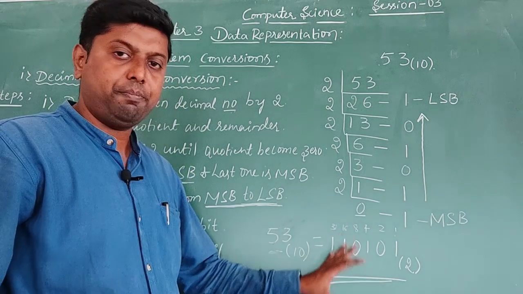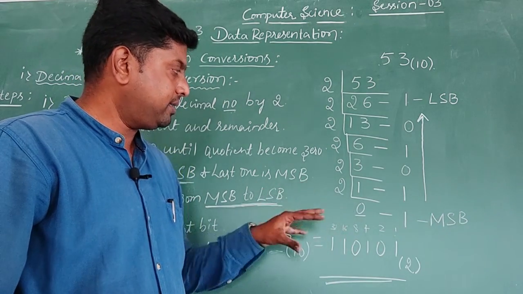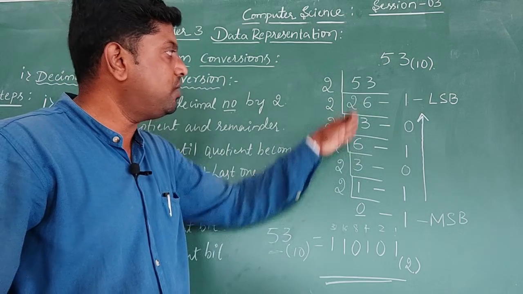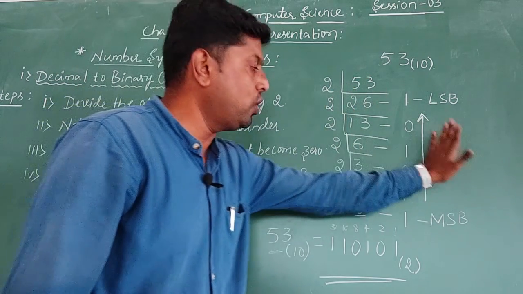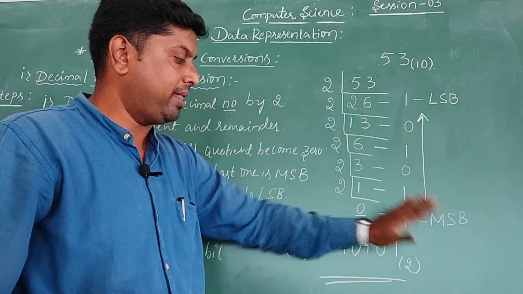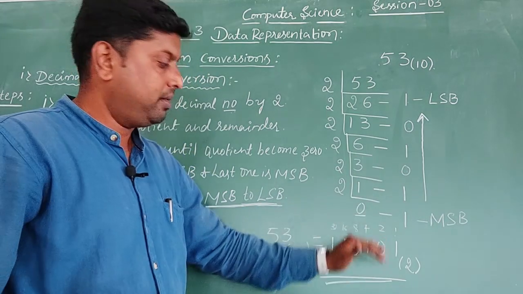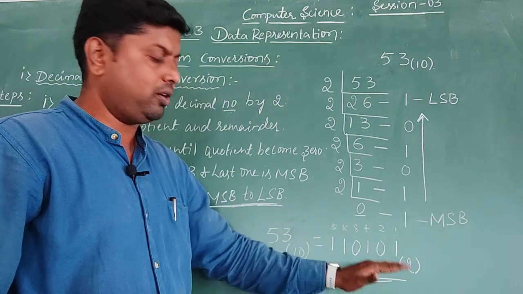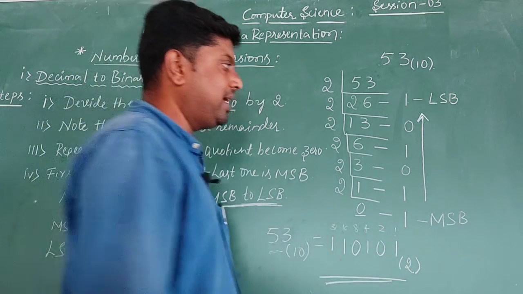So by this topic, what are you understanding? Yes, we have a way to convert a decimal number into a binary number. Like this, we have one method, that is the conversion method. Then cross-check the answer using the table.